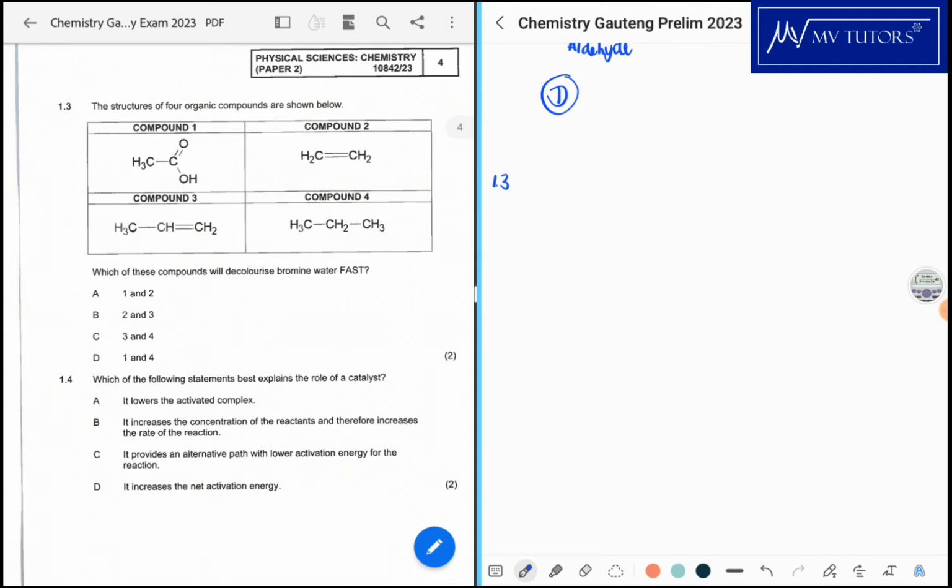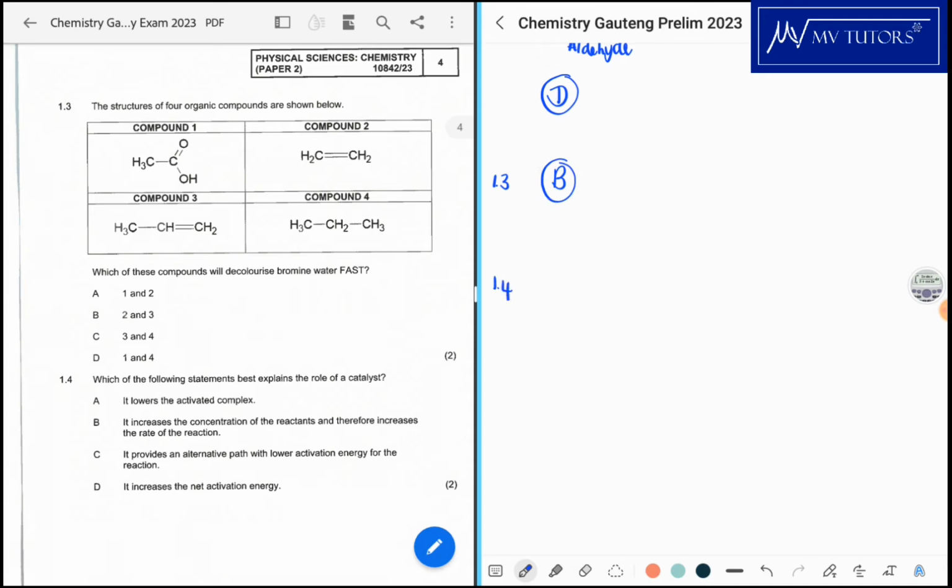Remember, oxygen requires double bonds. So compound 2 and 3 are the only compounds that can allow addition reactions, and that will decolorize bromine water fast. So looking at the options, 1 and 2, no. 2 and 3, yes. 3 and 4, no. 1 and 4, no. So B is the correct answer.